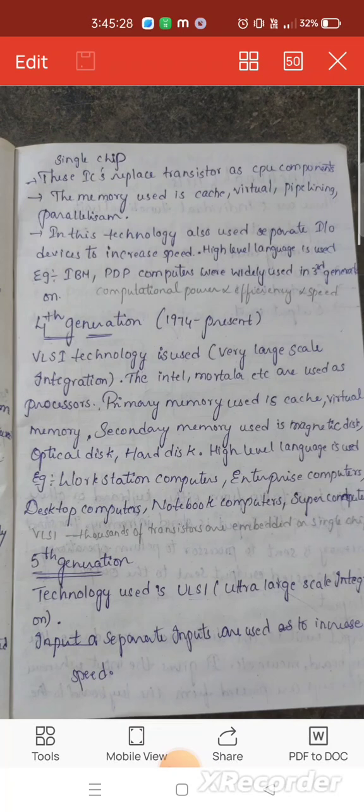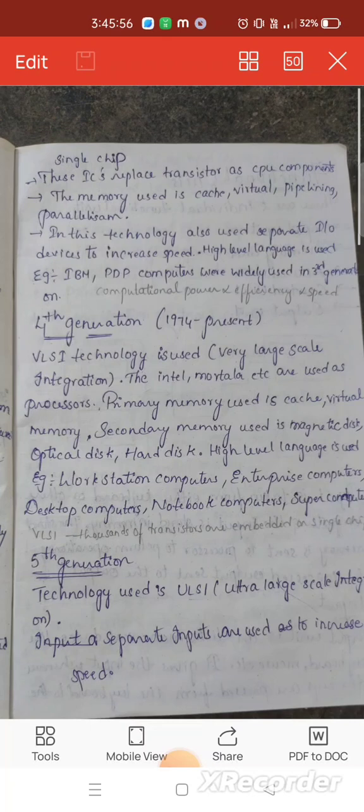This generation also uses separate I/O devices to increase speed. High-level language is used. For example, IBM PDP computers were widely used in the third generation. Computational power is directly proportional to efficiency and speed. The more computational power it has, the more efficiently it works, and the more speedily it gives the outputs.